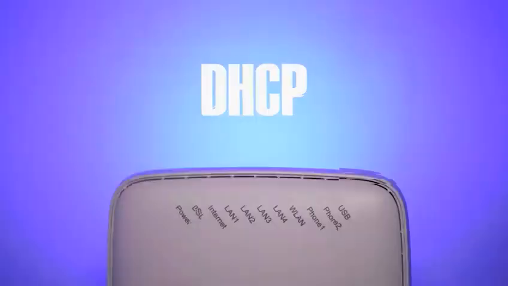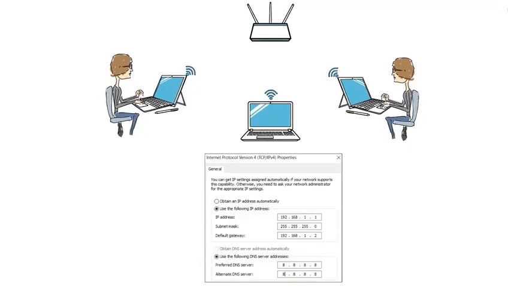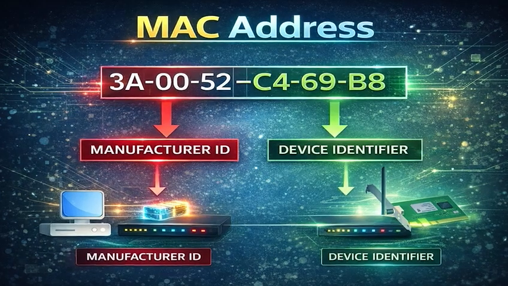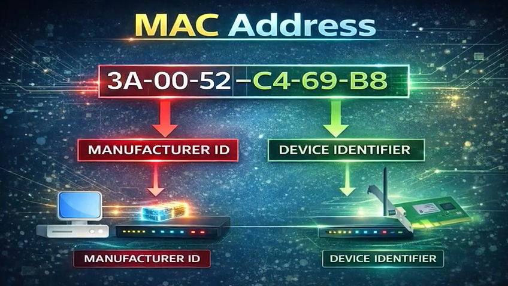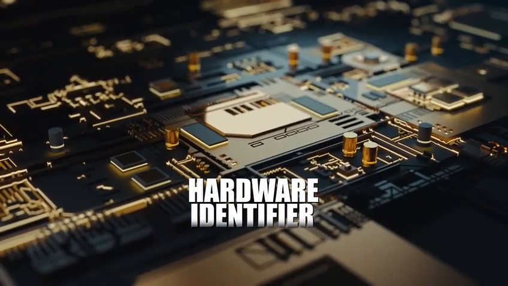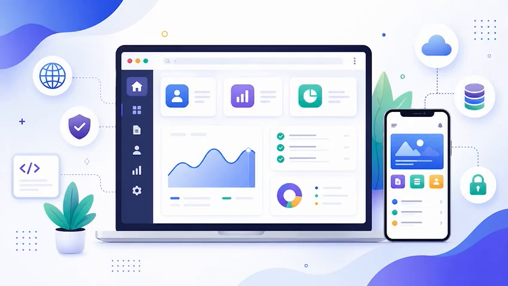Dynamic addresses are automatically assigned via the DHCP protocol, whereas static addresses are manually configured. Within a local network, devices are also identified using a MAC address, which is a unique hardware identifier. Port numbers identify applications running on a device.